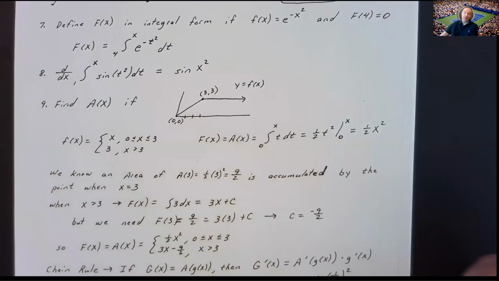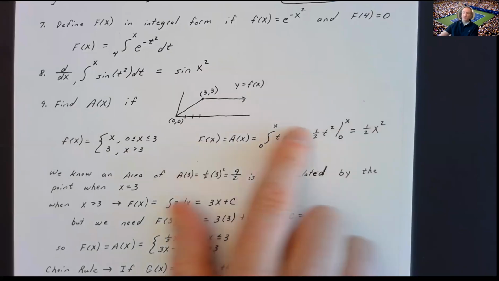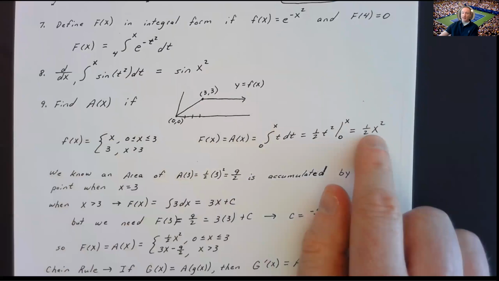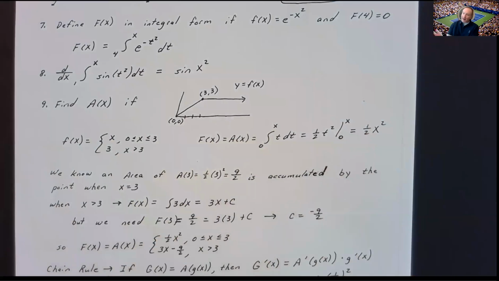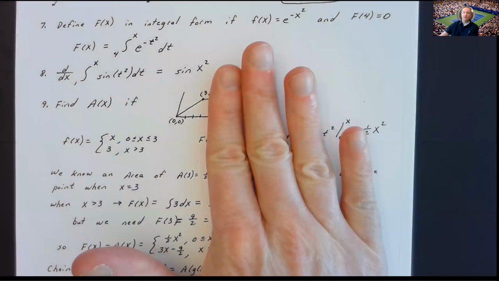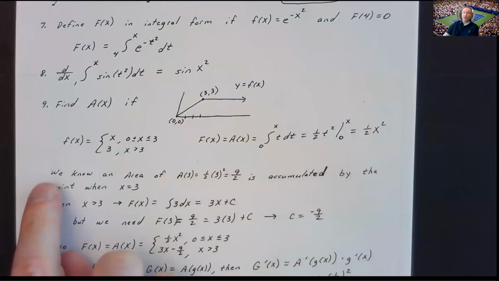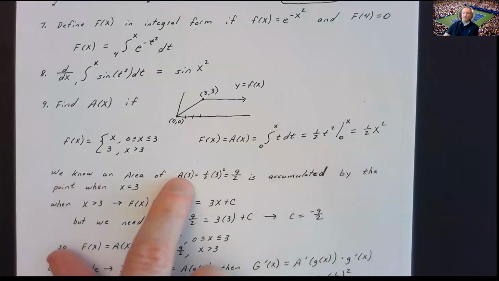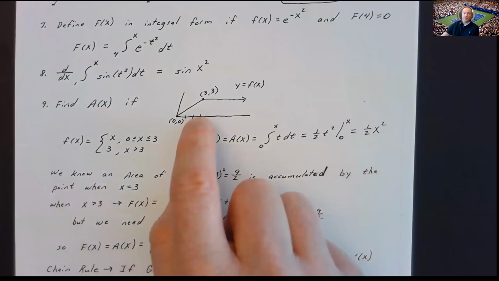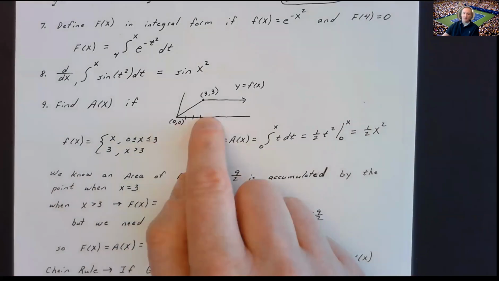So what I know is that, yes, the first part of this function is going to have an antiderivative of 1/2 x squared. And you'll notice I went ahead and put that down here. Now, this also has to represent the area of this function from 0 to 3. So that's what I put right here. We know that the area A of 3 is supposed to be 1/2 base times height, 1/2 times 3 times 3.